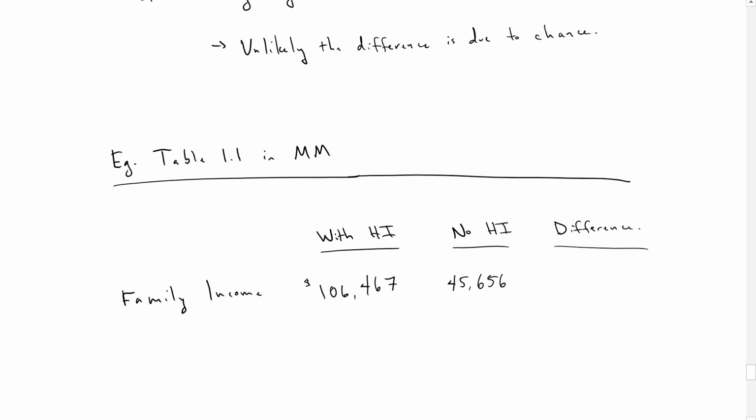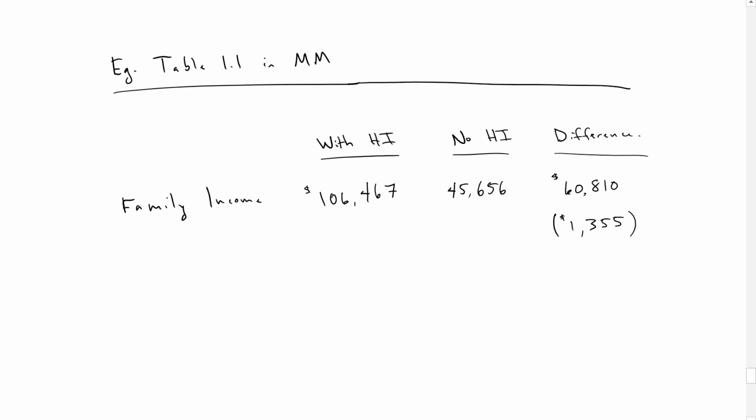The difference between those two being $60,810. And underneath the difference, we see in parentheses the number, and these are in the same units. So $1,355. Okay, and in the bottom of the table, you'll see something like standard errors in parentheses.